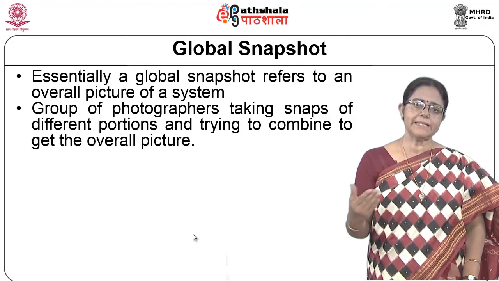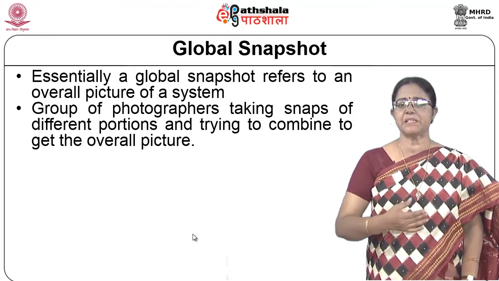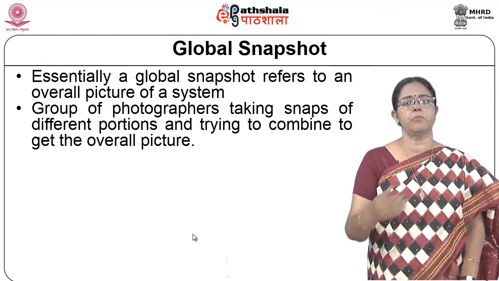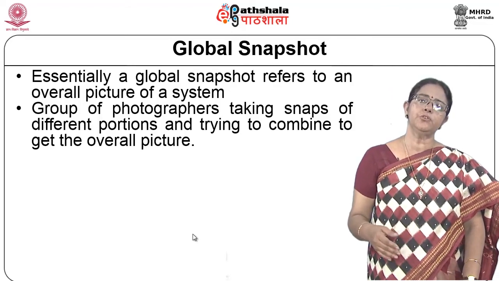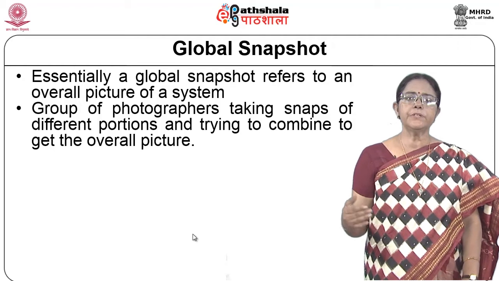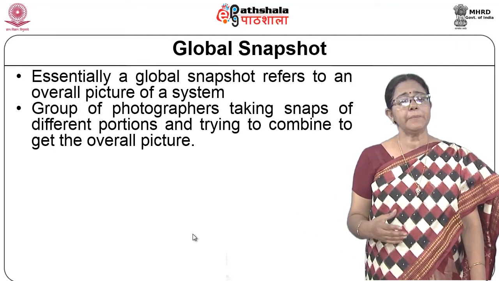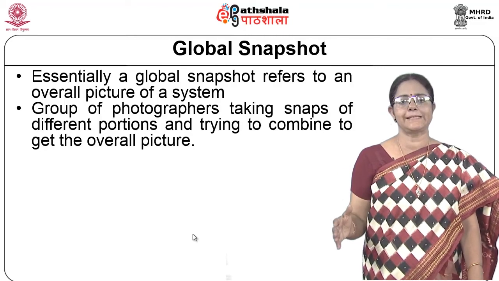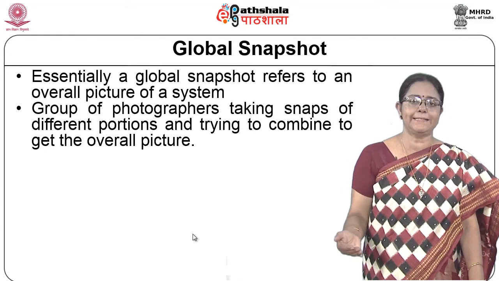What is an independent manner? That we should not get a specific instruction from one specific location. We should be able to do it after doing some other work that we are doing. That means that we should not stop the system, we should not stop all the activities and then take a snapshot.